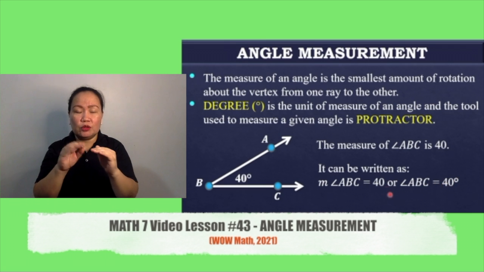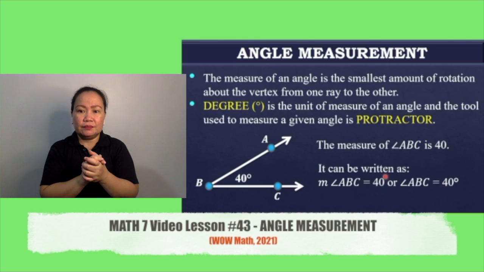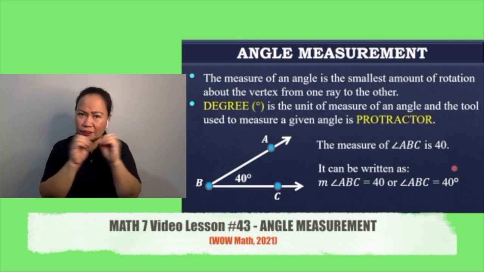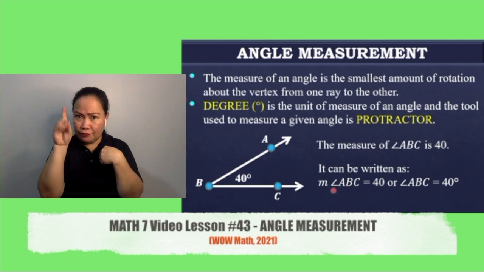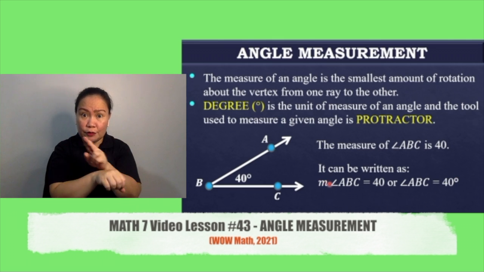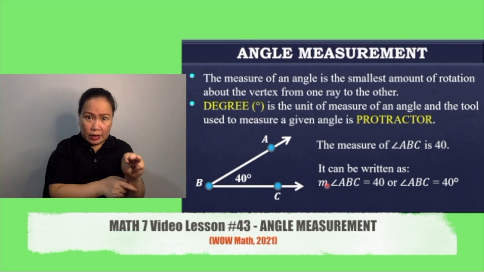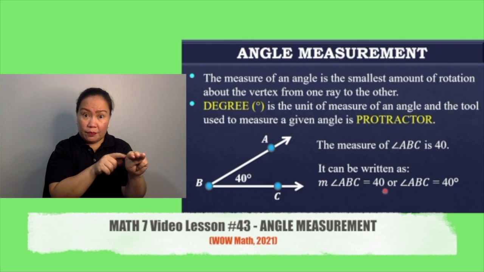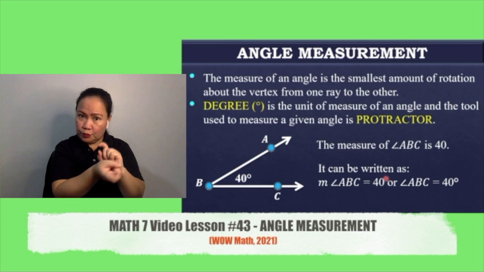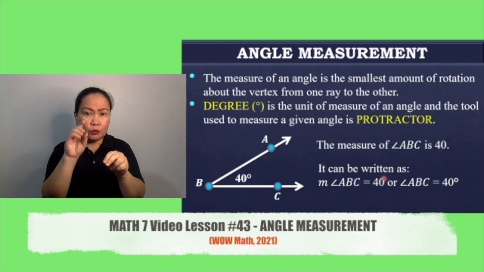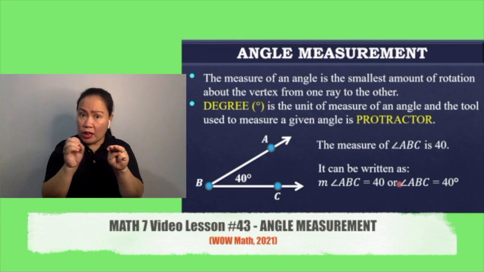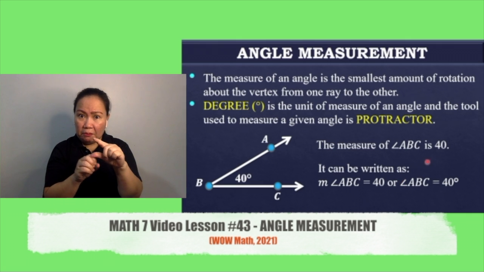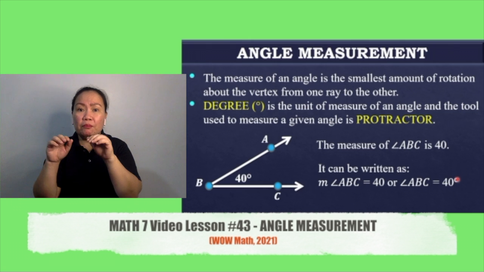As you can see, bakit dito wala siyang symbol ng degree? Ay, meron. Kapag gumamit na po tayo ng small letter m dito sa unahan, it replaces the symbol for degree. Hindi mo na kailangan lagyan ng degree na symbol. Pero kung wala siyang m or yung measure, lalagyan po natin siya ng degree symbol.